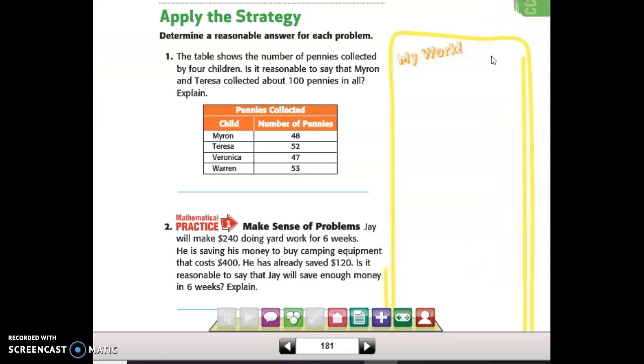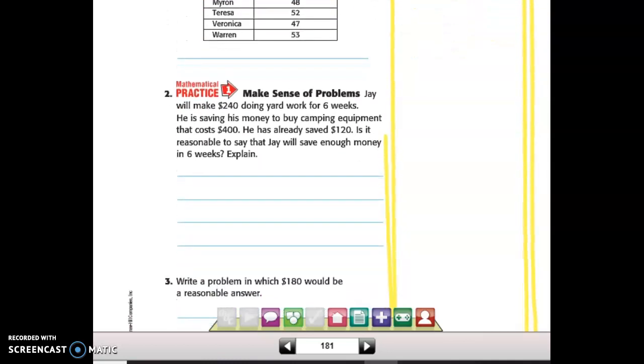A couple of things to point out as you start the work. Don't get tricked. It gives you a table of information, and you don't need all the information in the table. So read the problem carefully to pick out just what you need in order to answer this question. Okay, and also in number 2, I think we might confuse some people thinking that Jay will make $240 doing yard work for 6 weeks.